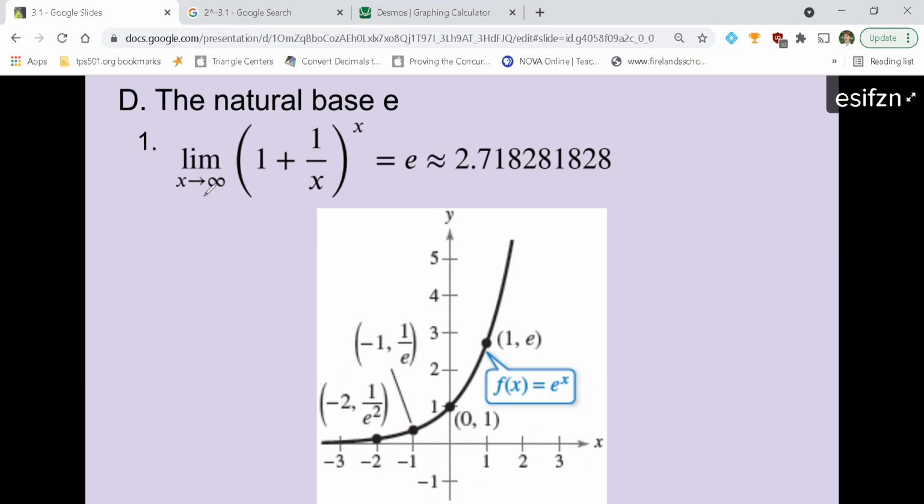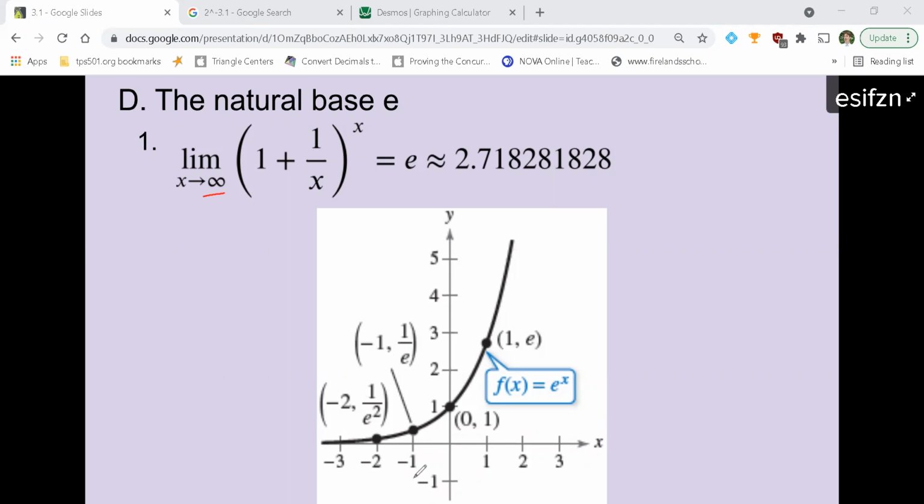And if you compound it continuously, or every millisecond of every day, so as x gets crazy large, it approaches an actual number, 2.71828, 18281, and then continues forever.